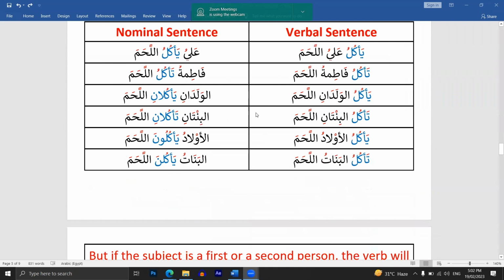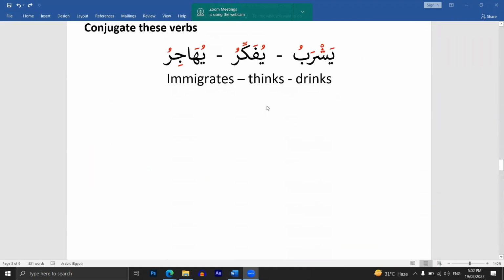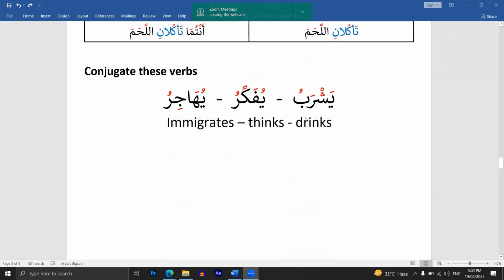Okay. So I will leave these 3 verbs for you to conjugate: يشربوا, يفكروا, and يهاجروا. We already covered them in past verb conjugation last week, and you are to do it again with the present verb.